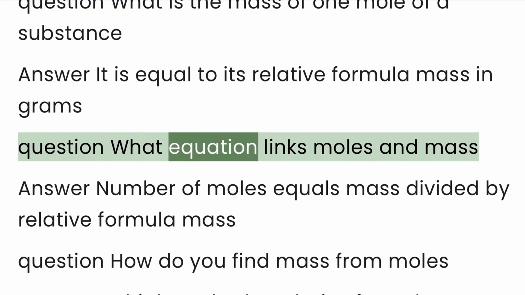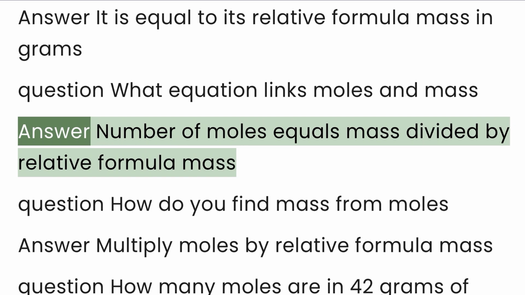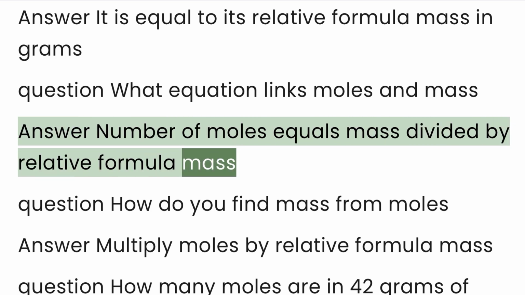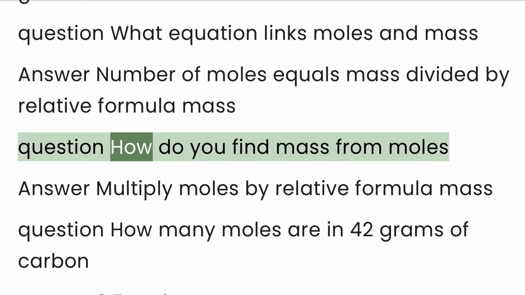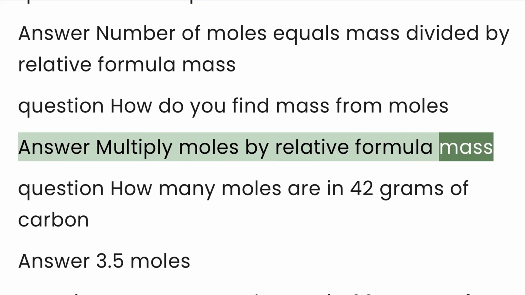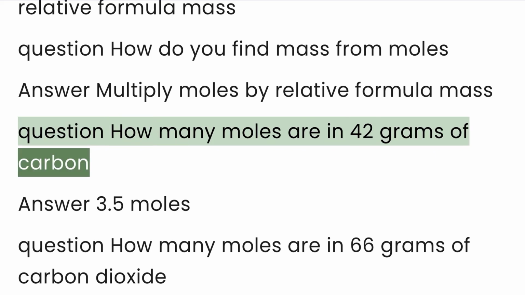Question: what equation links moles and mass? Answer: number of moles equals mass divided by relative formula mass. Question: how do you find mass from moles? Answer: multiply moles by relative formula mass. Question: how many moles are in 42 grams of carbon?